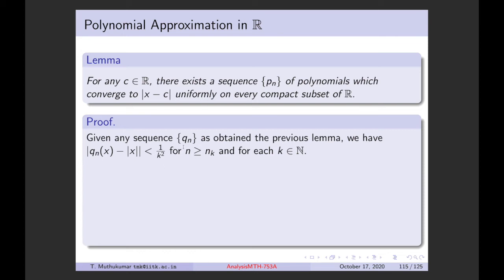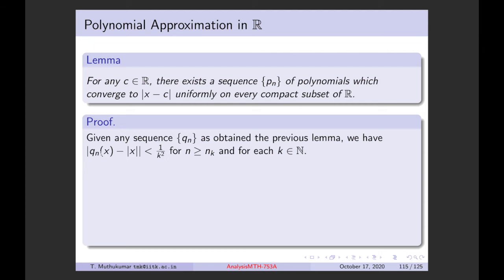Because there is a uniform convergence, for every epsilon there is some number such that beyond it the distance from the limit is less than epsilon. So you fix a k and take epsilon to be 1 over k square. Corresponding to this epsilon you have an n, and because of the uniform convergence, it is not going to depend on the choice of x. This number nk depends only on this k that we chose.